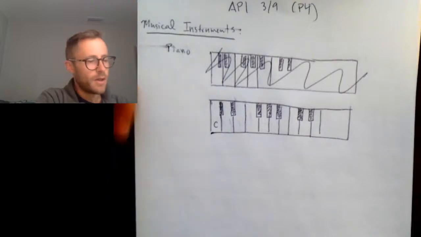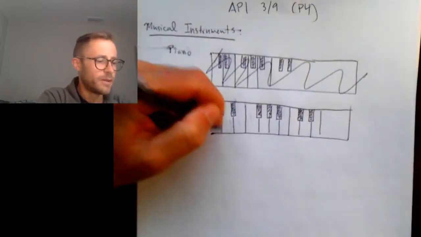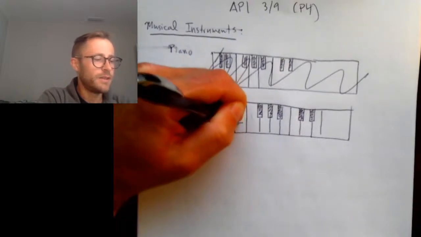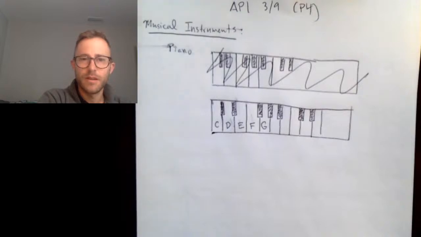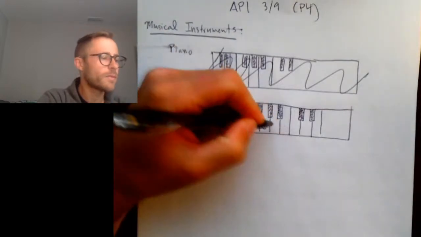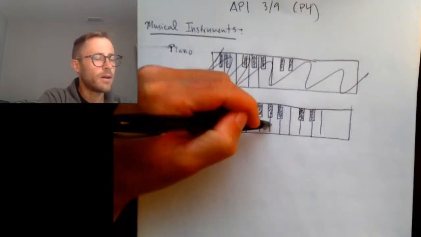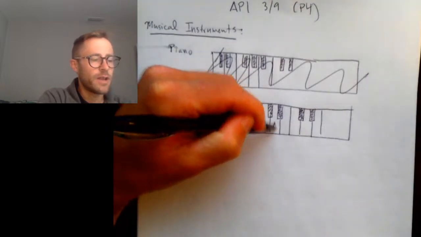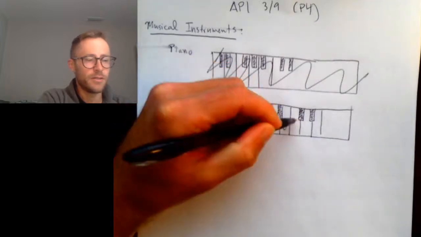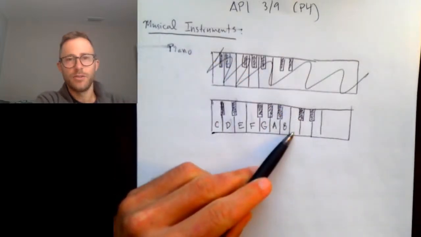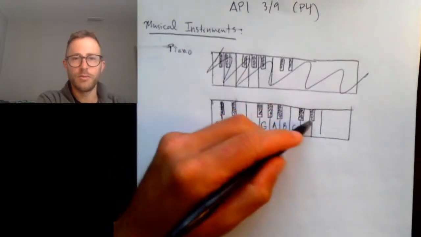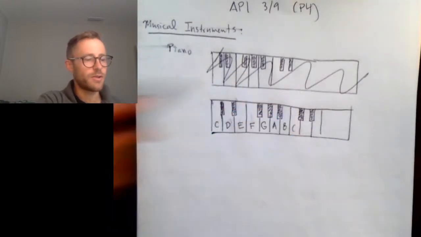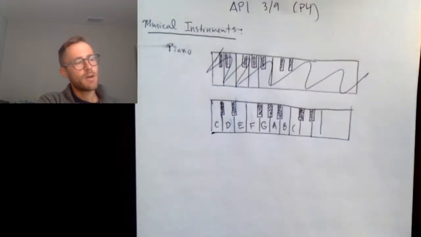And then you just go up the alphabet: C, D, E, F, G. And then it starts over at A. So A, B, and then we're back to a C. I know that this is a C because there's a group of 2 black keys, and I'm just to the left of that.